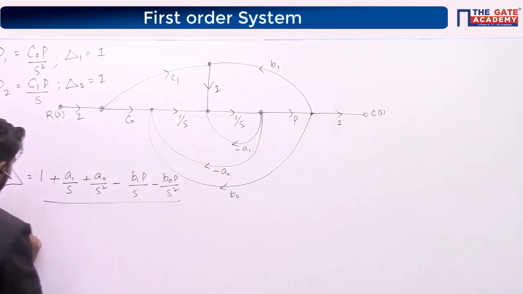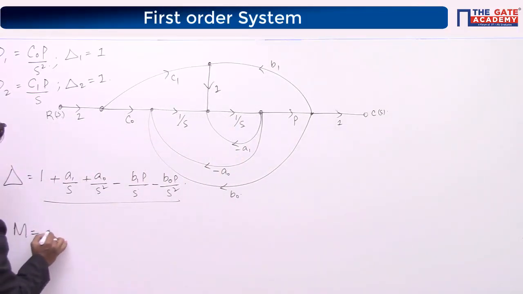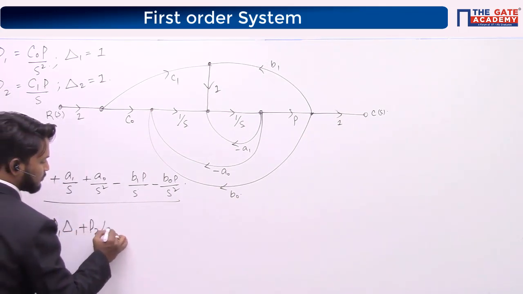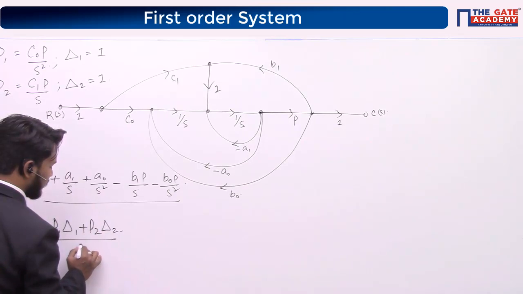So once you got this, what is the overall transfer function? Overall transfer function M is equal to P1 delta 1 plus P2 delta 2 divided by delta.